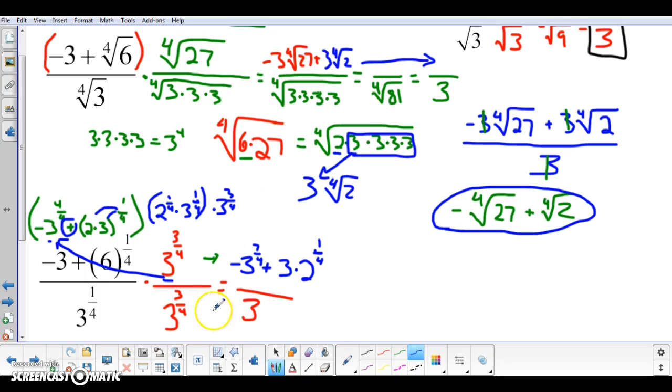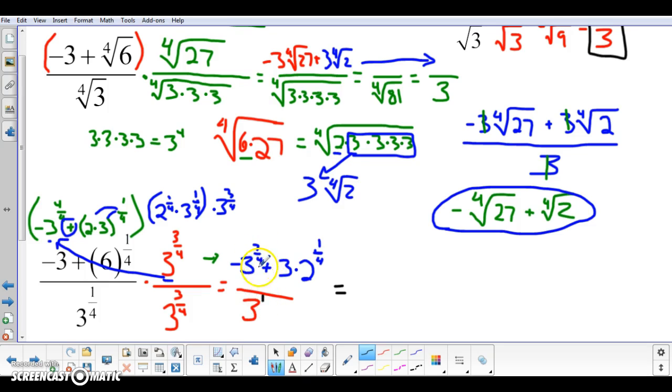Now you're looking at this expression here and saying, well, how in the world does it turn into this over here? Well, I'm dividing both of these terms by 3. When I take -3 to the 7/4 divided by 3, I would subtract exponents because it's the quotient of powers property. Imagine this is 3 to the first or 3 to the 4/4.